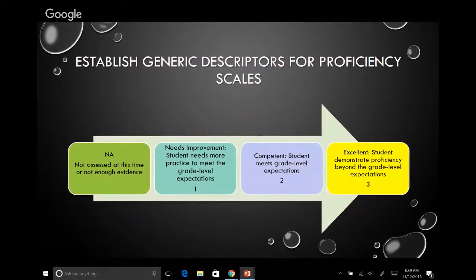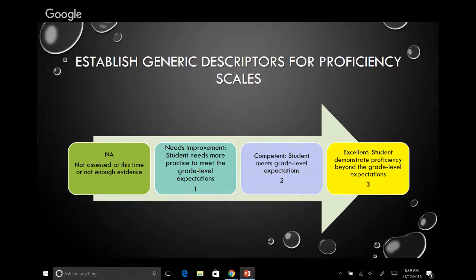So let's look at establishing generic descriptors for proficiency. This one is really straightforward, and it's based on what SHAPE America has determined for their use when they do PE metrics. The first one is not assessed, and then it's needs improvement, competent, and excellent. So it's really a 3-point system, but it's really a 4-point system.